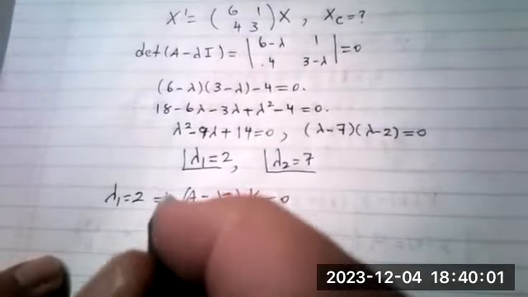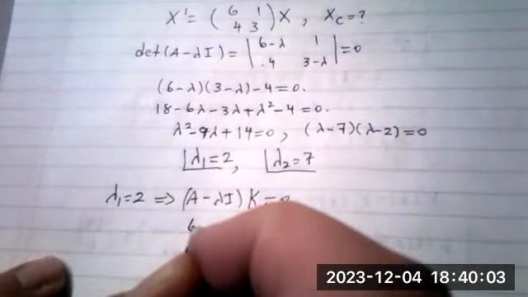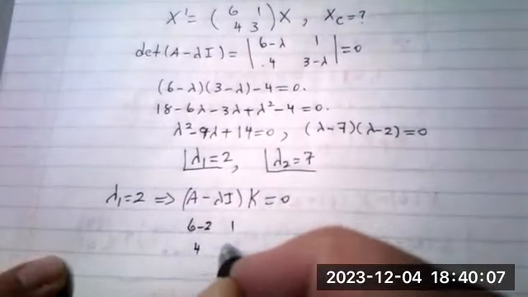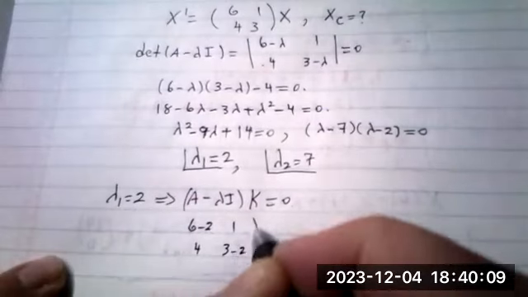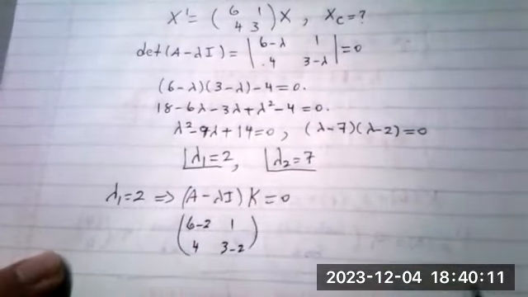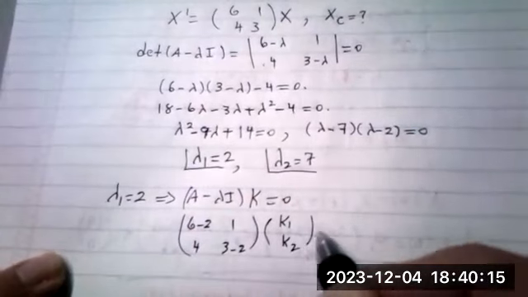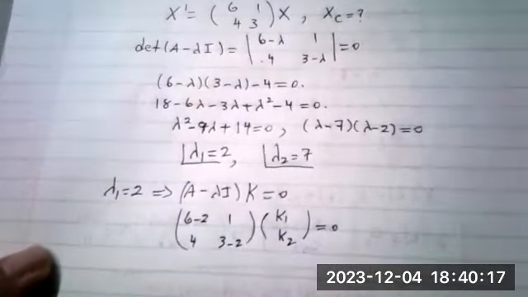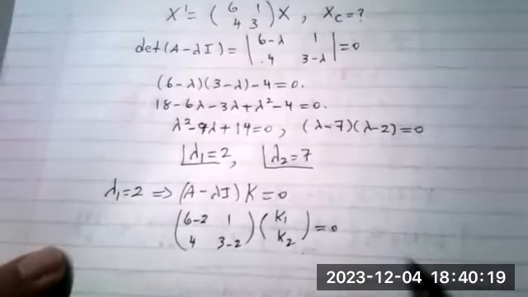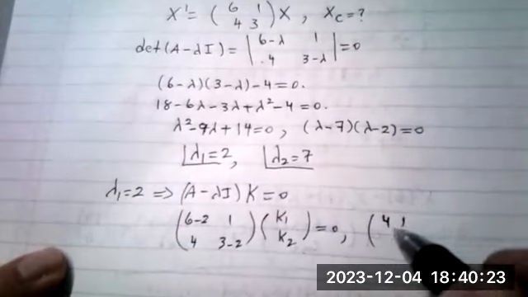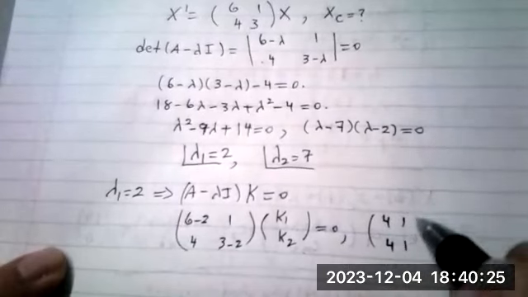In matrix form, it's going to be 6 minus 2, 1, 4, 3 minus 2, times K1, K2, equal to 0. Simplify it. That gives you 4, 1, 4, 1.